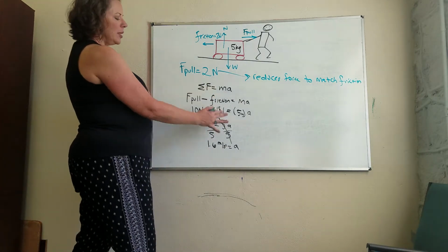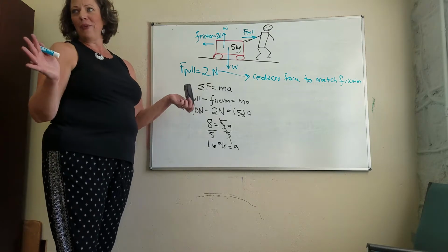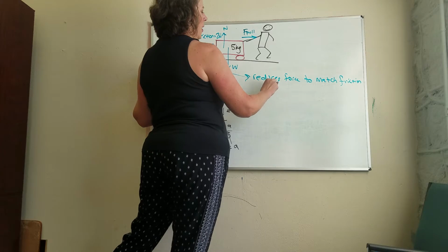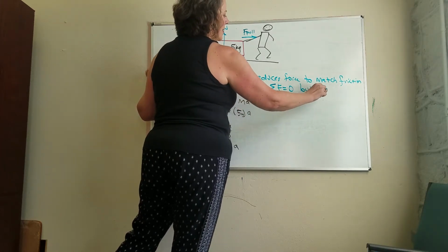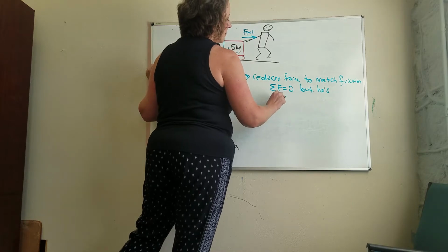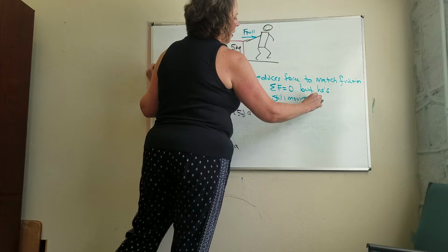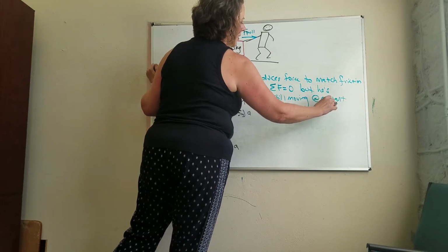The only time you really need to accelerate like this is if you're doing some sort of crazy competition race. So if he reduces the force to match friction, then the net force will equal 0, but he's still moving, and it's just going to be a constant velocity.